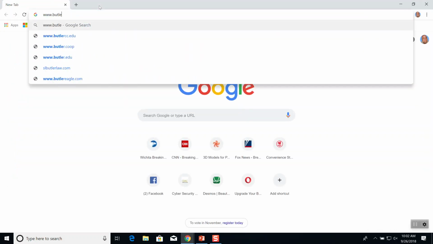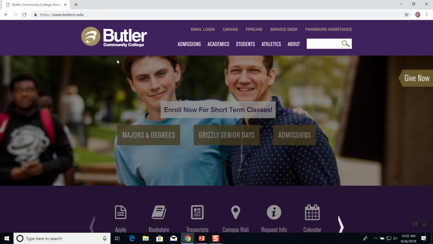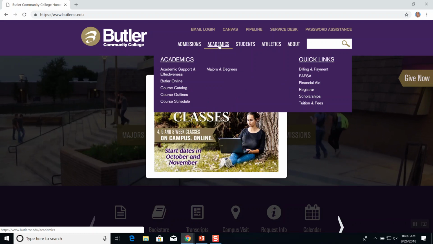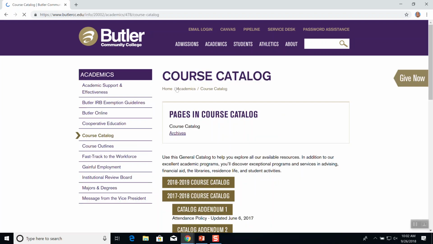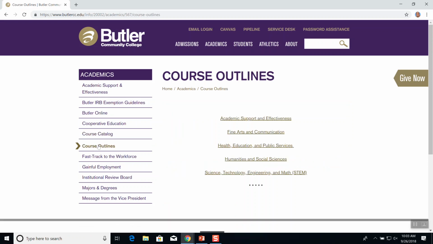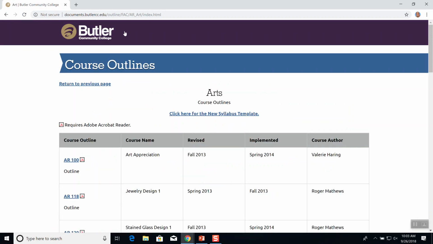If I go to Butler, I'm not sure what they have, to be honest. They used to use ColdFusion. So like if I went to the course catalog, let's see. These look like static web pages that said .html.